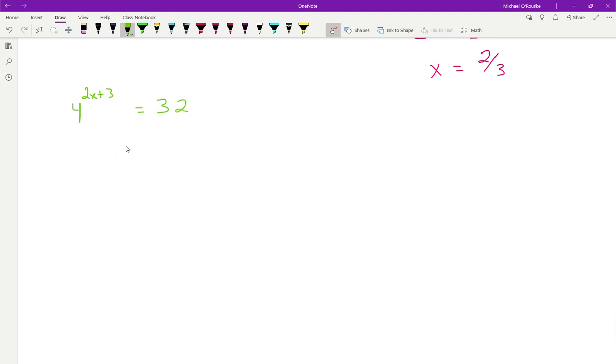Now, logic would tell you, as we did before, we need a base 4, because that's what all the previous ones were. Okay? But if you go through 4, 4 to the power 1 equals 4, 4 to the power 2 equals 16, 4 to the power 3 equals 64.